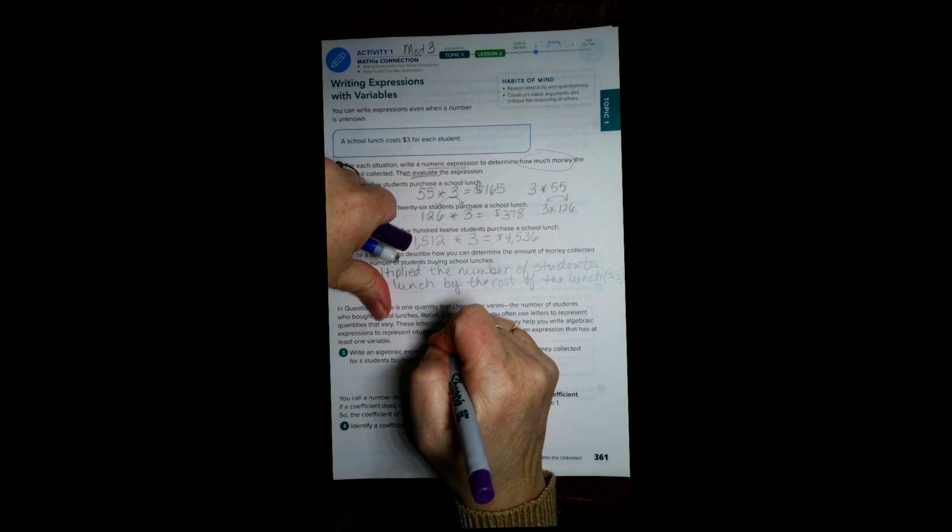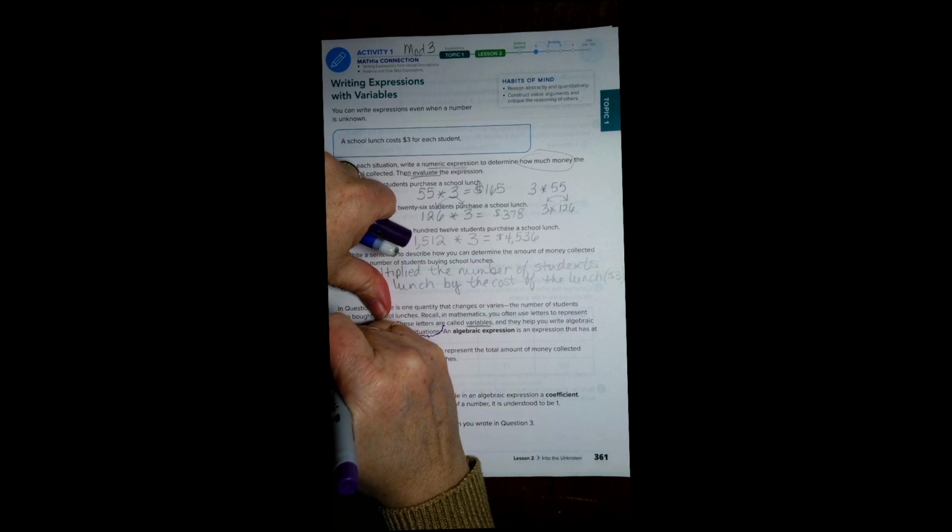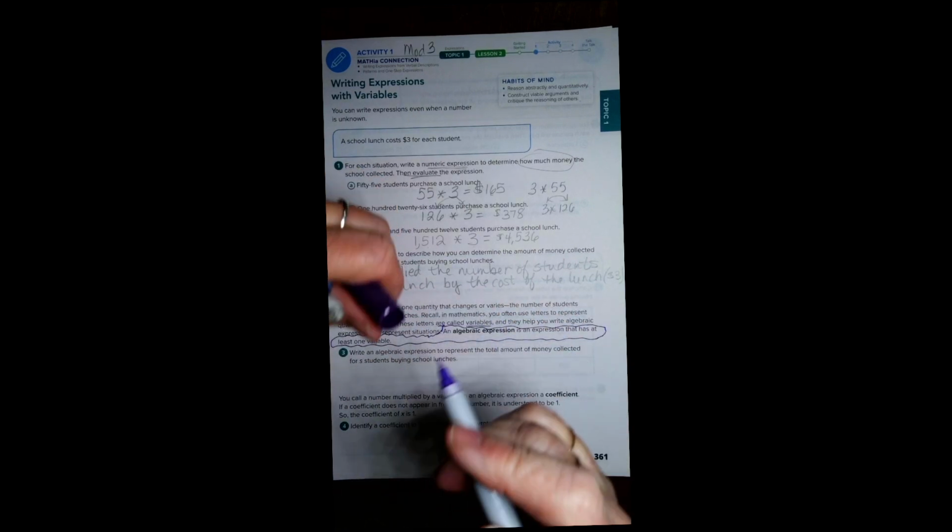So I want you to circle, highlight, whatever, right here. Okay, so then it says, write an algebraic expression to represent the total amount of money collected for S students buying school lunches.